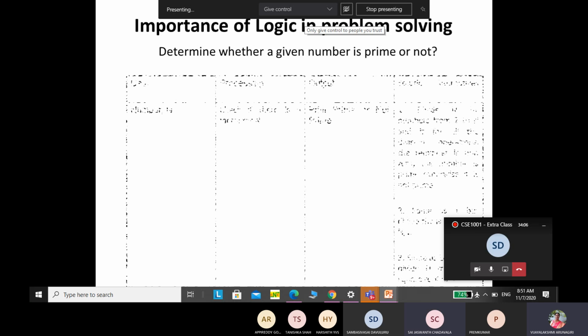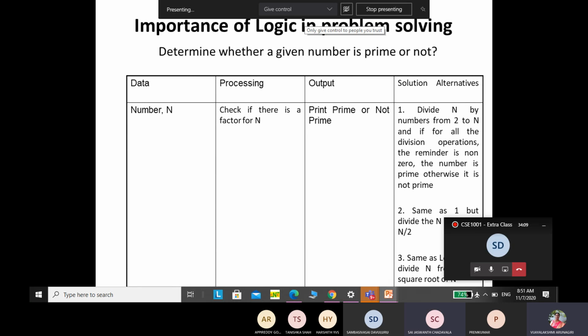How to write the PAC for this? First, what is the input we want? We want a number. Processing is, we have to check whether there is any factor for the number n, that is, finding a factor from 2 to n minus 1, other than 1 and the number itself. Output is prime or not.